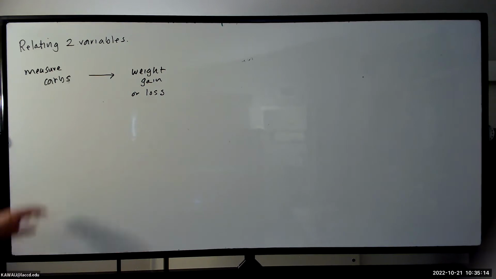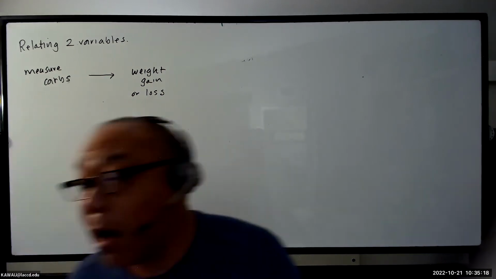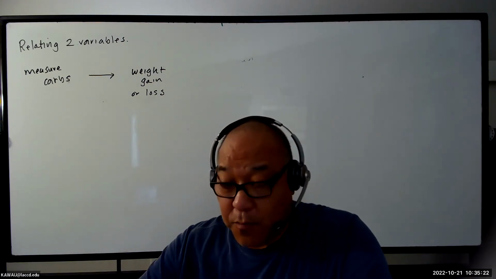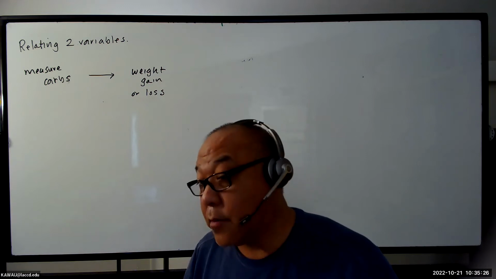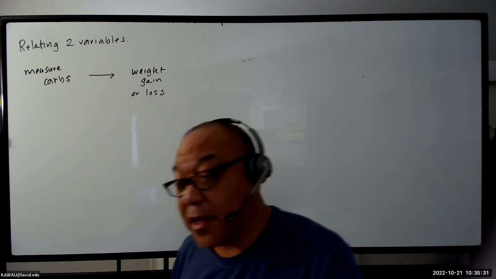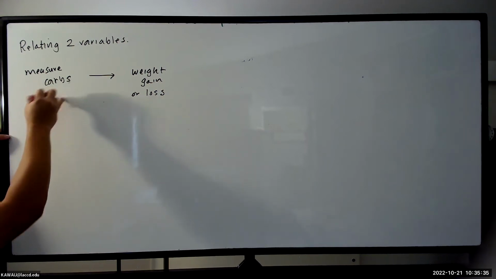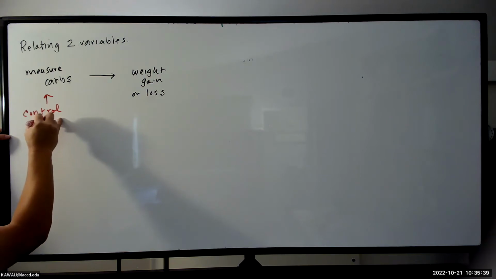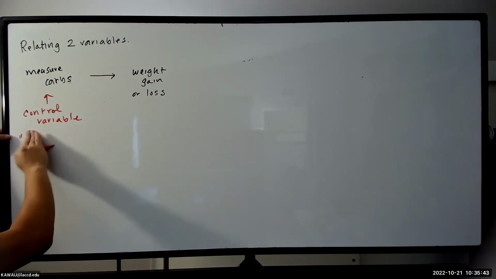This is what we can control. We can control how many carbs the people in our experiment are taking. A lot of carbs, a little bit of carbs, medium amount of carbs, right? So that is the thing that we can control. That's our control variable. Now, in terms of math, we call this the independent variable.